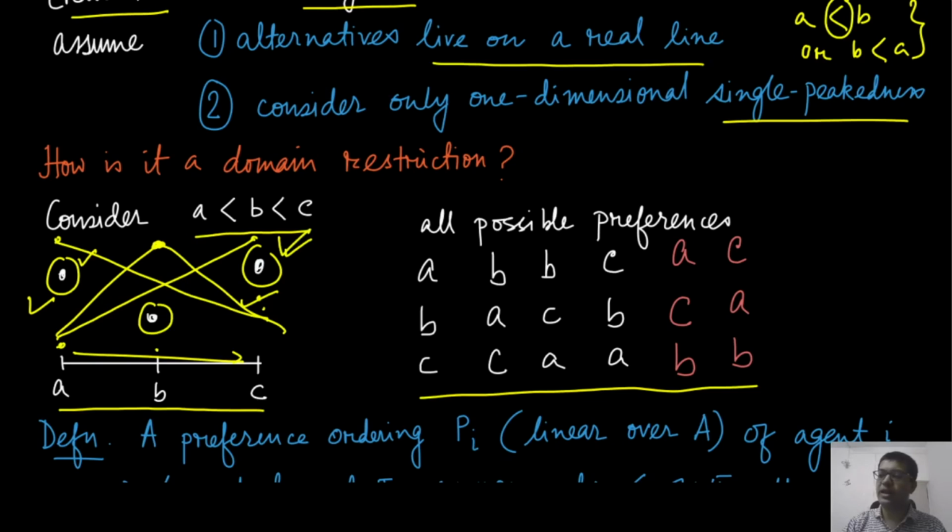So C is the top and A is the second top. That is not possible. So these two things are actually ruled out.